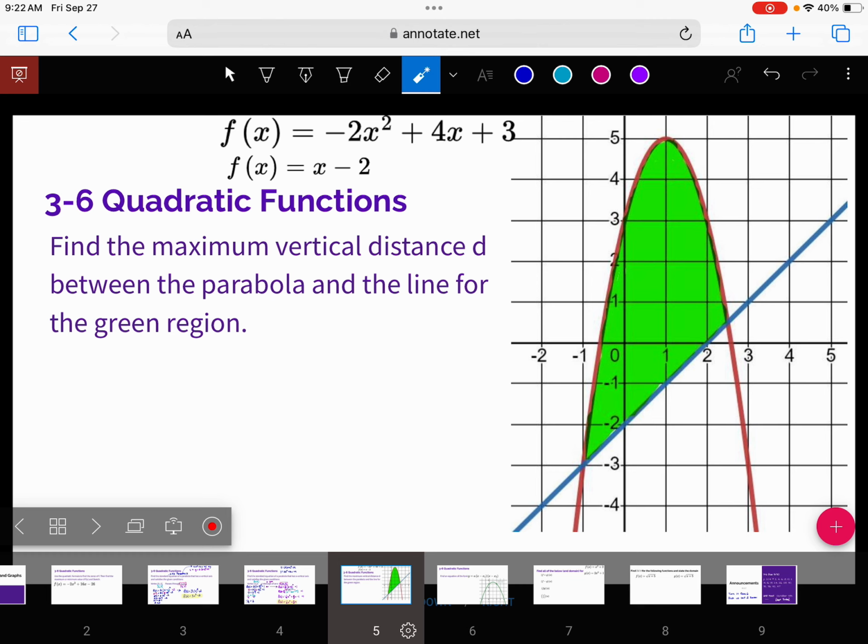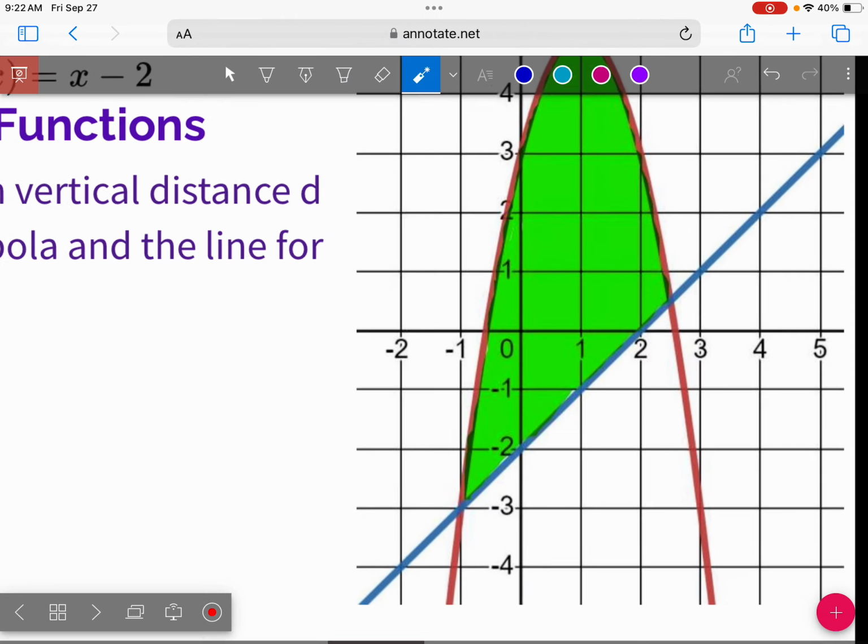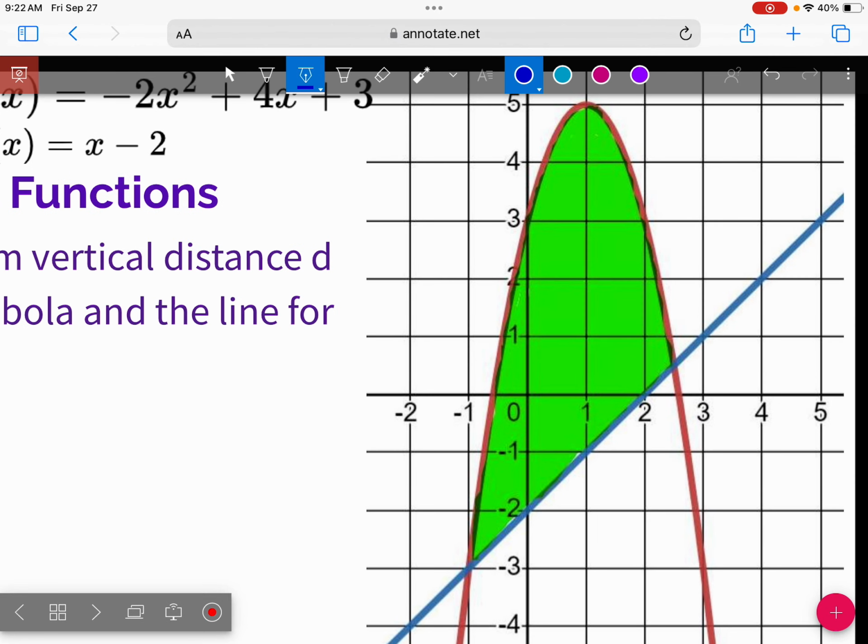Because the distance between my parabola and my line, we can find that distance by subtracting them, right? If we looked at this distance from here to here, I would subtract my 3 minus 0 to find out that's a distance of 3.